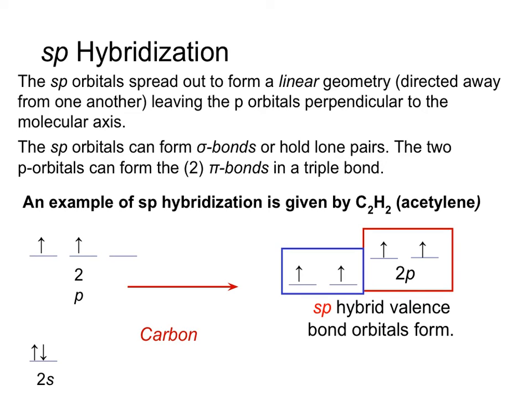The two sp orbitals can hold either sigma bonds or lone pairs, depending on the molecule. The unhybridized p orbitals are then able to form our two separate pi bonds in a triple bond.